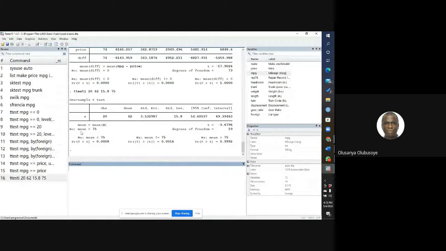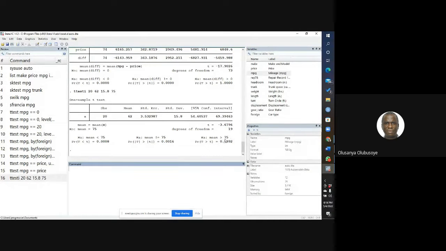So you can see this test is saying that the mean is equal to 75. If the alternative is that it is less than 75, then you are going to reject the null hypothesis. And if the alternative simply says it's not equal to 75, still you are going to reject the null hypothesis.